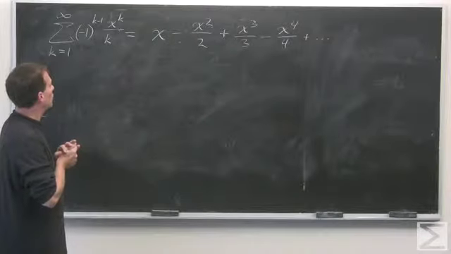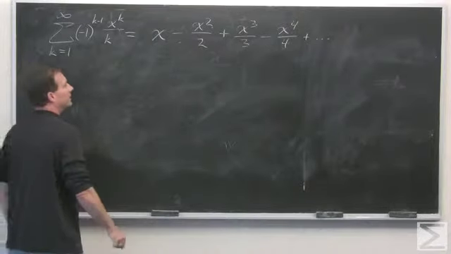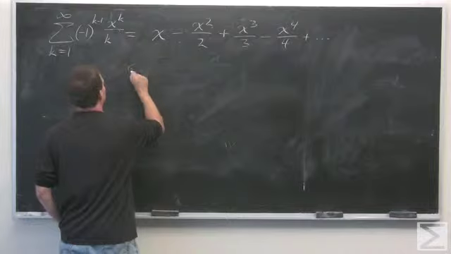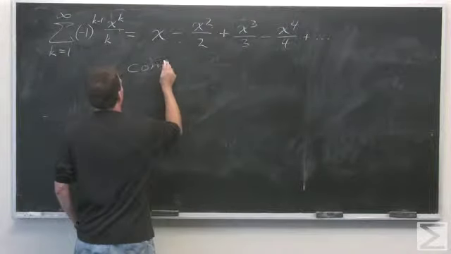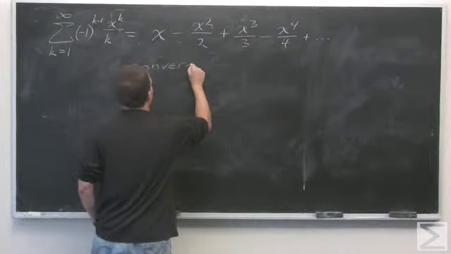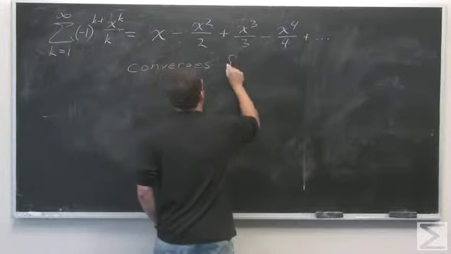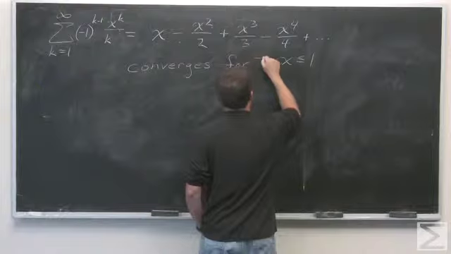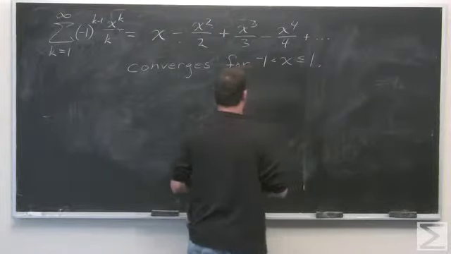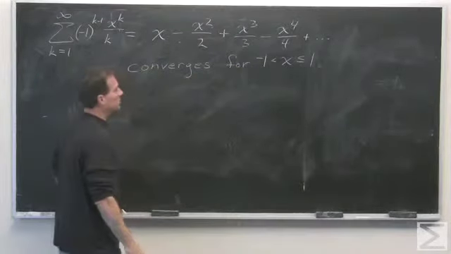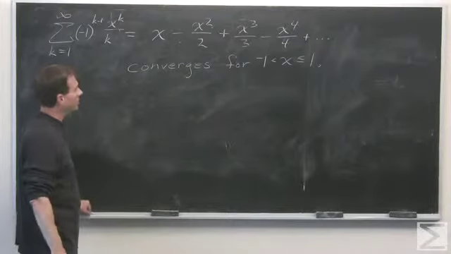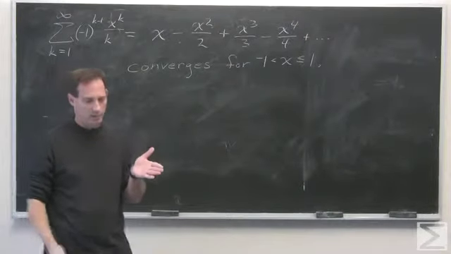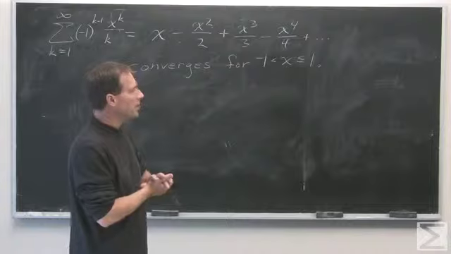What we said is that this converges and equals natural log of 1 plus x, but in particular it converges for x between minus 1 and 1. Now there's a slightly subtle point here, and that's why I'm looking at this as an example.